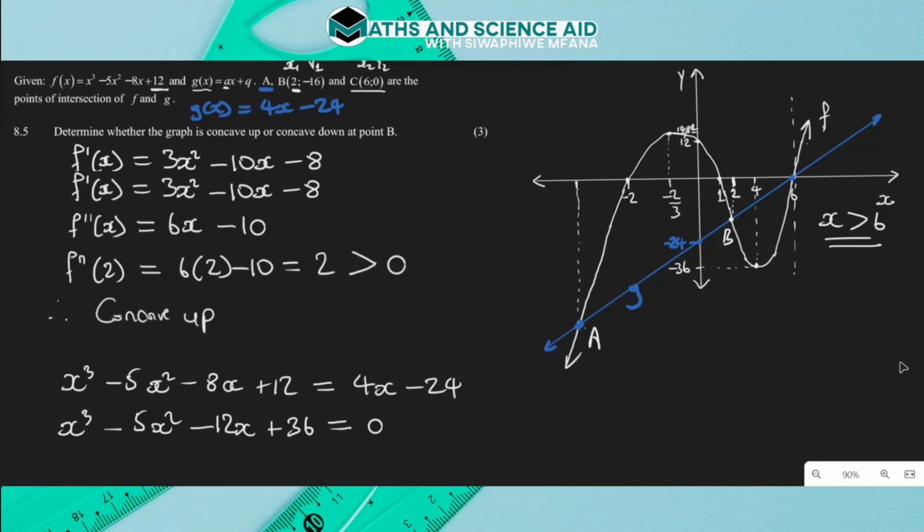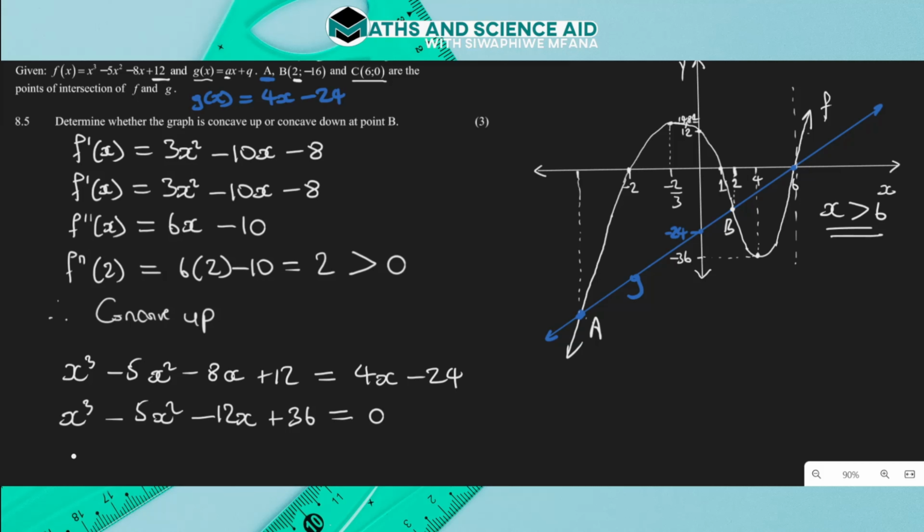Remember that we do know already two roots of this equation. So B, we know that x is equal to 2 there, and for C, we know that x is equal to 6. So both of these are already the roots of this equation. So we can employ the same strategy that we used before.